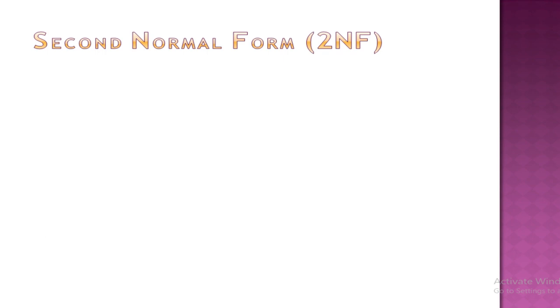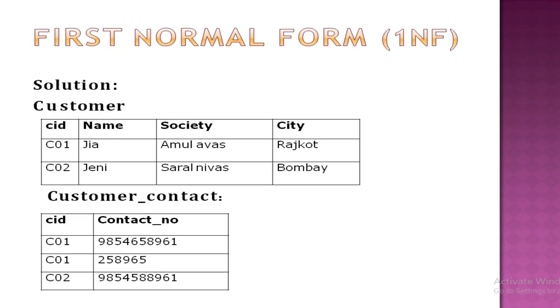Now see here, in first normal form, one solution is that you can bifurcate this type of column, or you can create one new table, right? So here is how we can solve this particular relation schema R: R1 and R2, right?